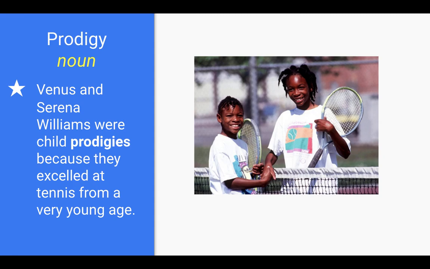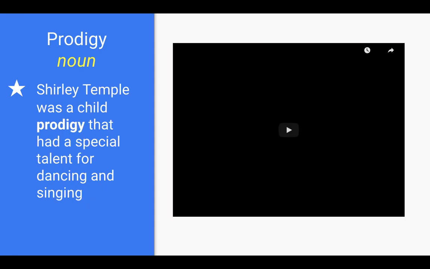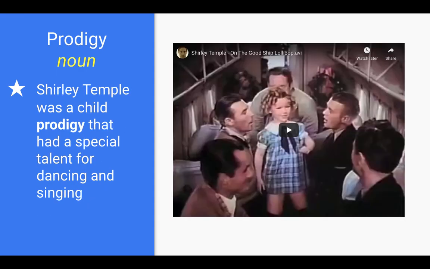Step 4, I'm going to explain the meaning with student-friendly definitions and give examples that students can relate to. So here, prodigy, which is a noun. Venus and Serena Williams were child prodigies because they excelled at tennis from a very young age. Another example, Shirley Temple was a child prodigy that had a special talent for dancing and singing.